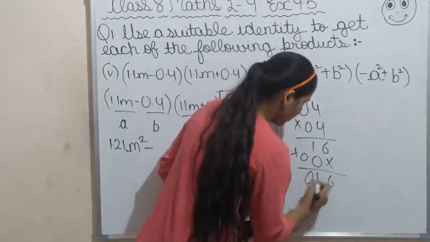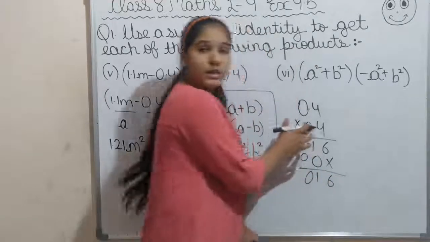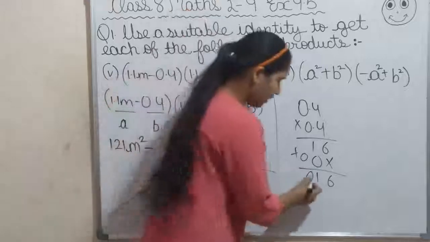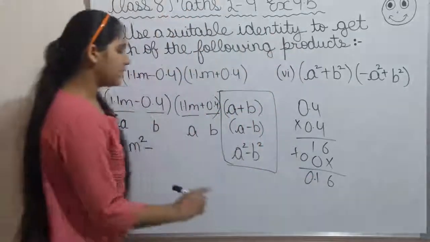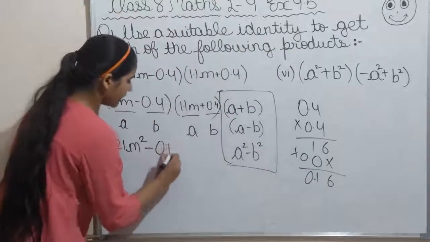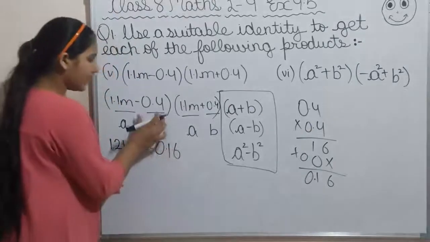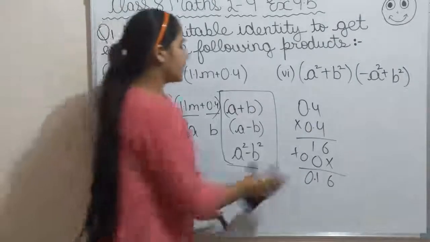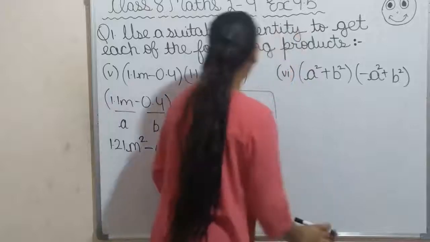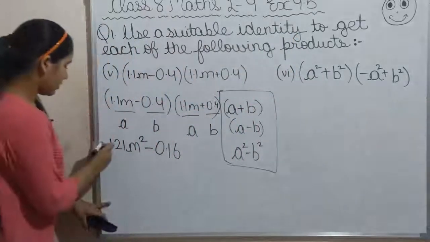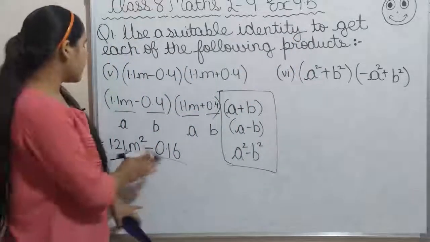Here 1 digit, here 1 digit, means 2 digits after the decimal, so 0.16. Any variable is not here, so this is the final answer of the fifth one.